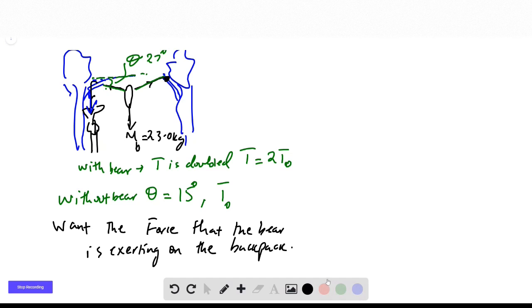That's what we want to do. We want to compute the force that the bear is exerting on the backpack, and that force happens to be acting right here downwards. We can call that FB, the force due to the bear.